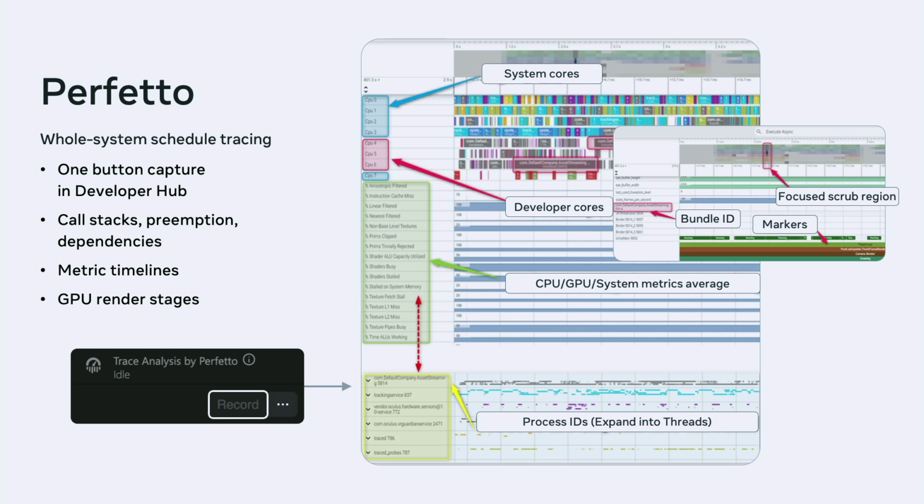Well, we're giving you that here now with Perfetto. We can show you the call stacks of all the work. So here we have all the different CPUs that are available to the app, all the different hardware threads. We also have other resources on the system and all the processes, and you can see exactly when they schedule. You can zoom way in and say, oh, this binder call caused a stall over here on my render thread, and then that caused a hitch.